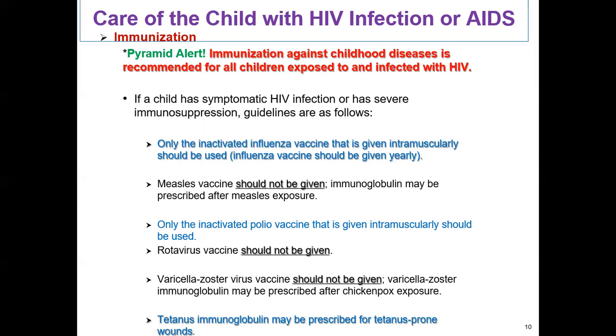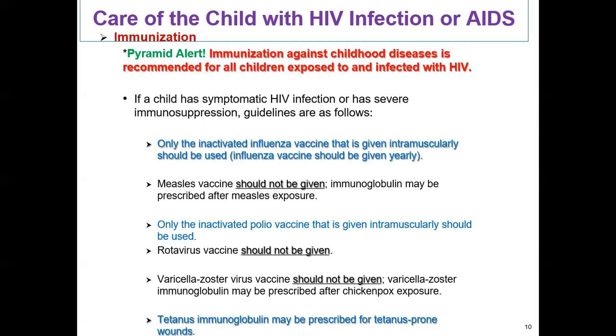Only the inactivated polio vaccine, which prevents poliomyelitis, is given intramuscularly, but the rotavirus vaccine should not be given. Rotavirus can cause very bad diarrhea.